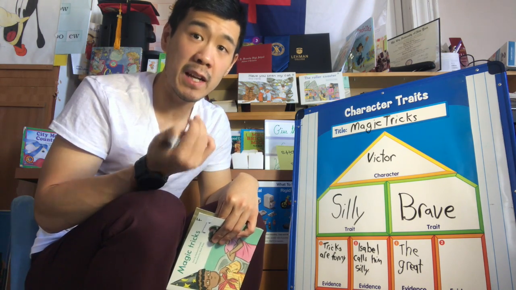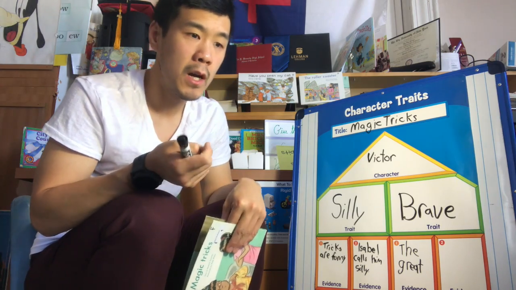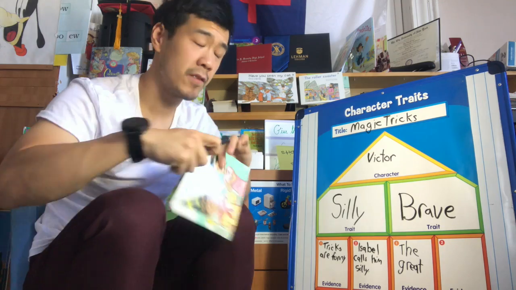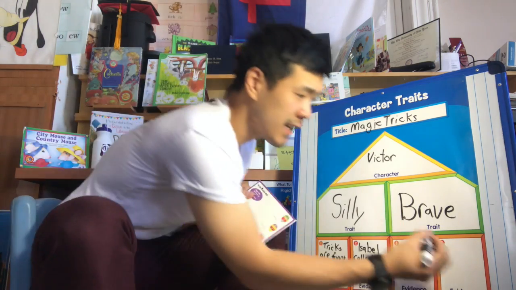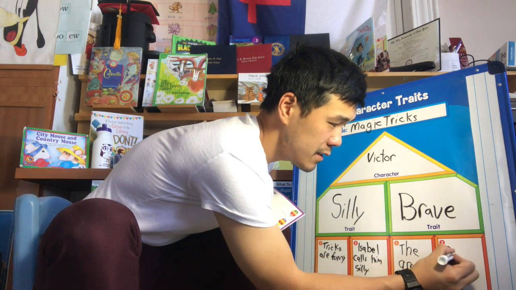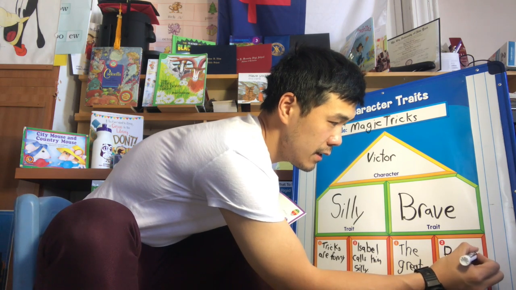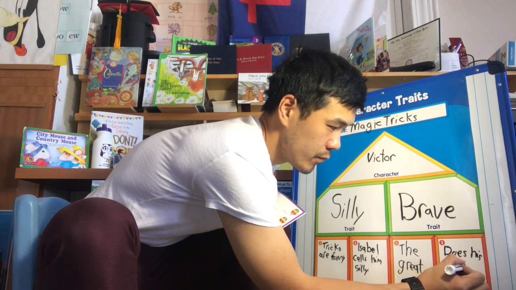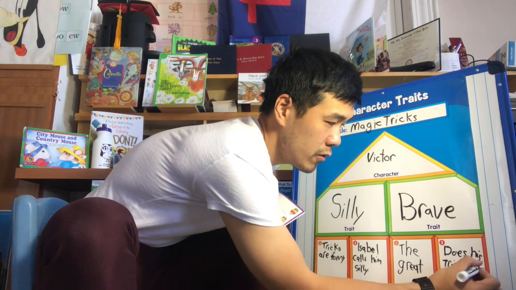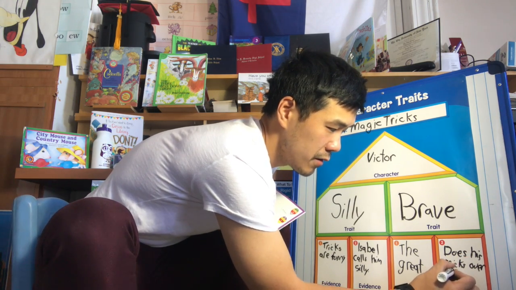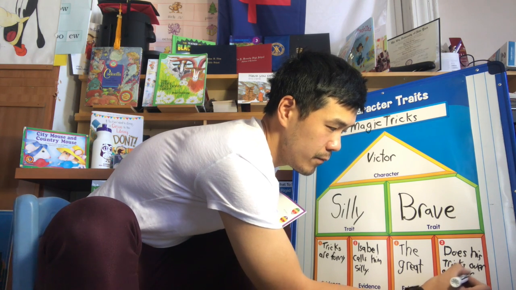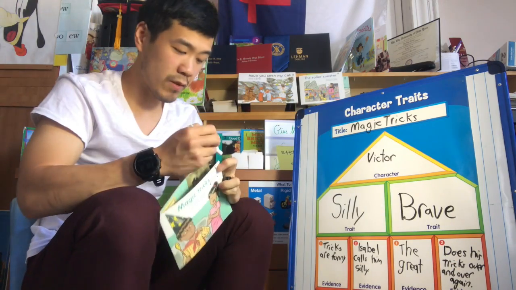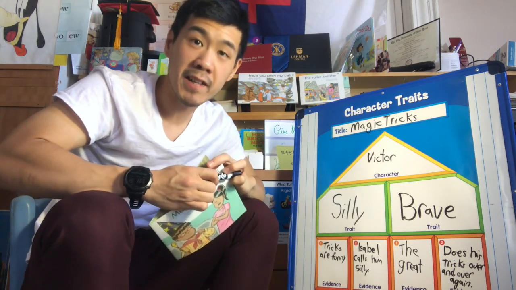It could be a little frightening to do something the first time, but to do something over and over again, and he's also great, I'll call him brave. He does a trick over and over again.